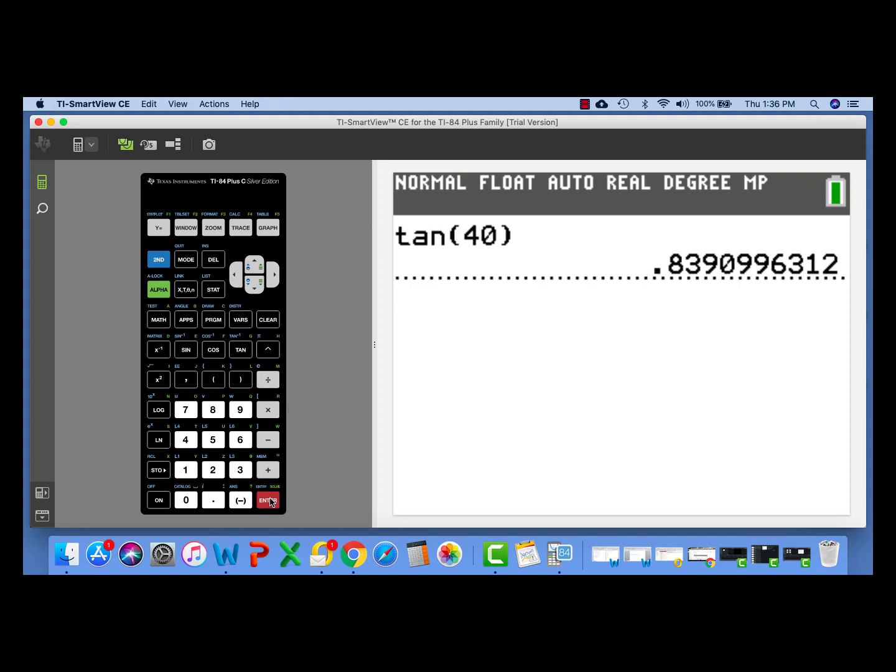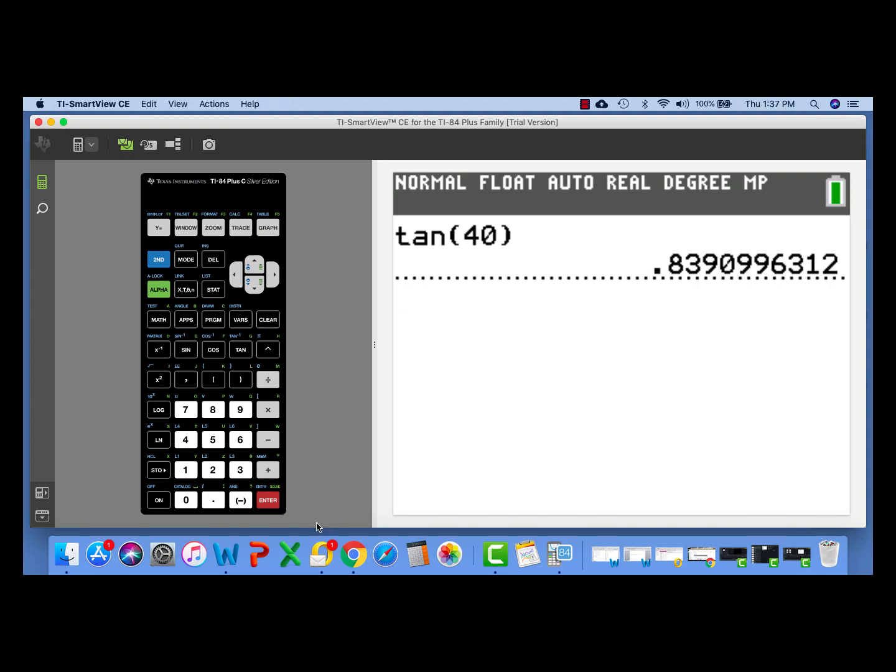I'm going to hit enter, and it's going to tell me that the ratio for tangent of 40 degrees is 0.839, and so on. We also can do this for cosine. Part B of this example says cosine of 20 degrees. I'm still in degree mode. It doesn't change out of degree mode until you go in and change it.